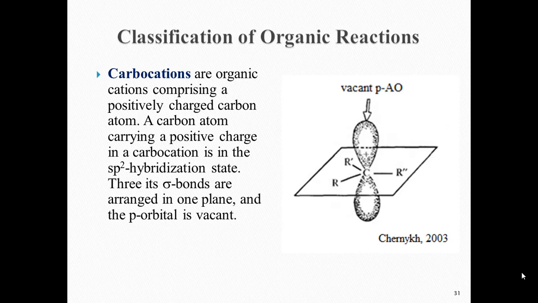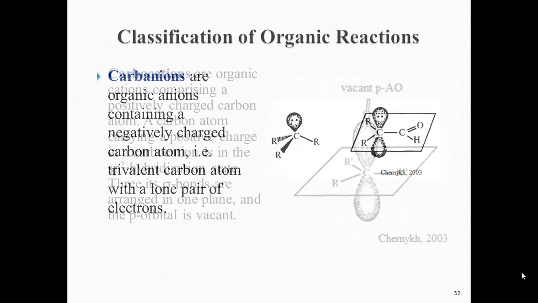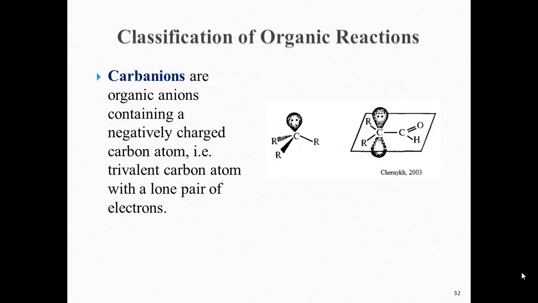A carbon atom carrying a positive charge in a carbocation is in the sp2 hybridization state. Its sigma bonds are arranged in one plane, and the p orbital is vacant. Carbanions are organic anions containing a negatively charged carbon atom, a trivalent carbon atom with a lone pair of electrons.